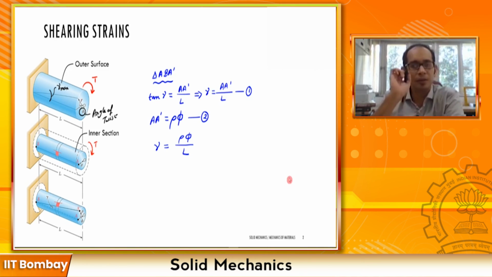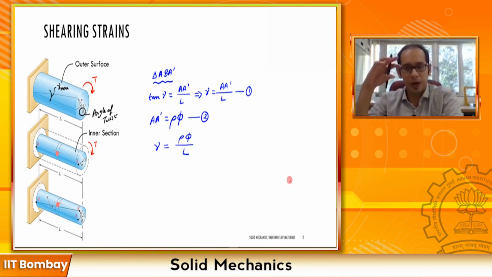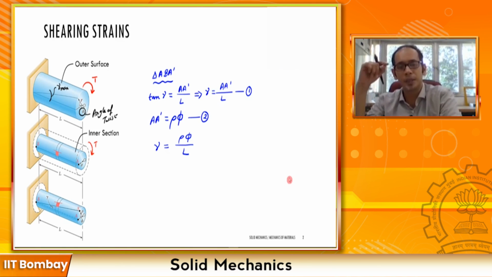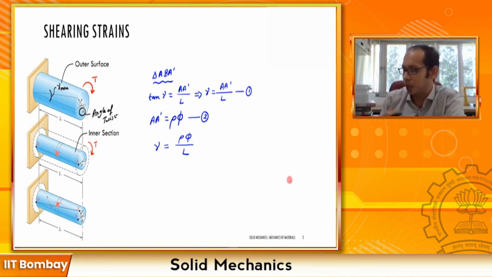So this is a very fundamental relationship, how you relate the shear strain with the radius of that particular section times the angle of twist divided by the entire length. As you can tell directly from here, it is dependent on rho, right? As we had predicted, at the core, on the line passing through the centroid, rho is 0, so gamma is going to be 0.